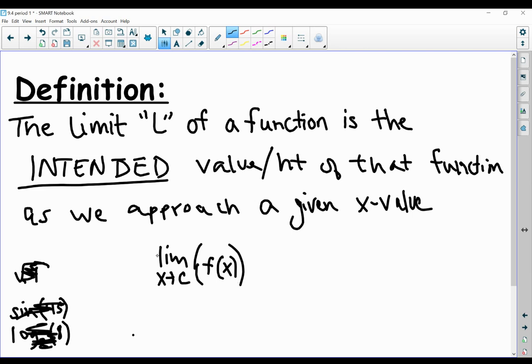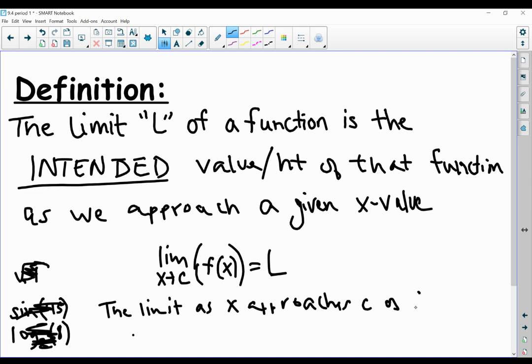So this command says I'm finding the intended height of f of x as x approaches c. And then the answer to that command is the intended height. So when I read it, we would say the limit as x approaches c of f of x is L.